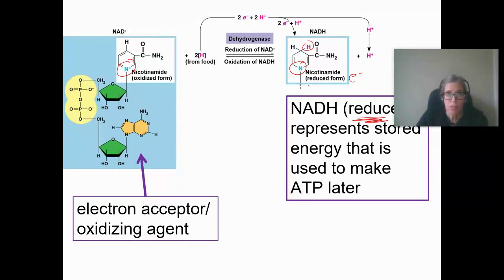NADH is reduced over here, so this is NADH, and over here it's just NAD. This is the oxidized one. So this one can take electrons from somebody else, so we call it an electron acceptor. It's getting reduced, so that means it's an oxidizing agent. And then NADH stores those electrons and gives them to somebody later.